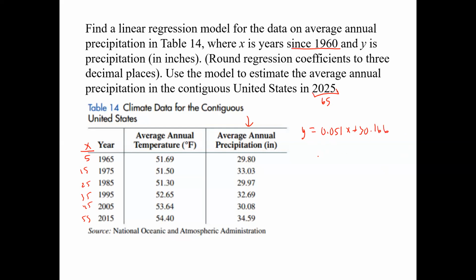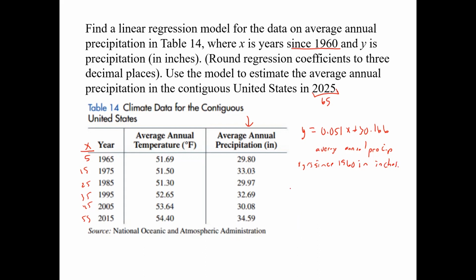And this is going to be average annual precipitation, in X years since 1960, and it's going to be in inches. Okay, so that's what it was going to be.